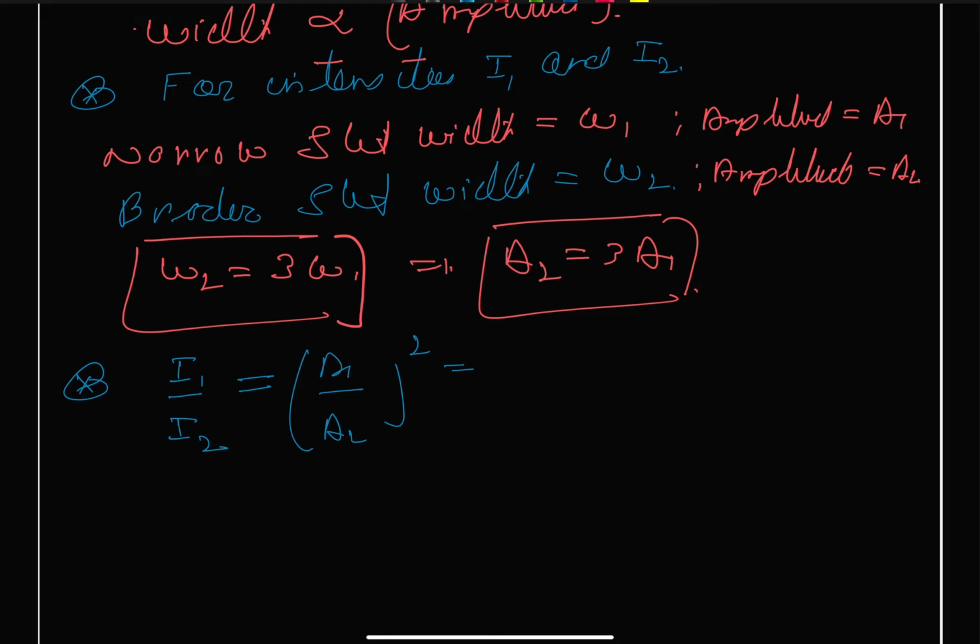And we know that A1 is equal to thrice A2, whole square, and the A2 cancel out, so this comes as 9.